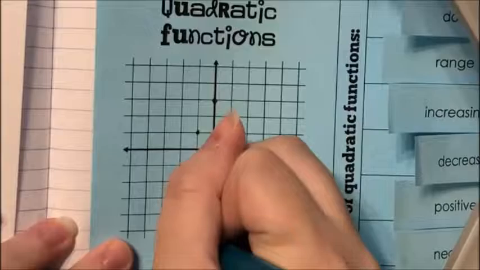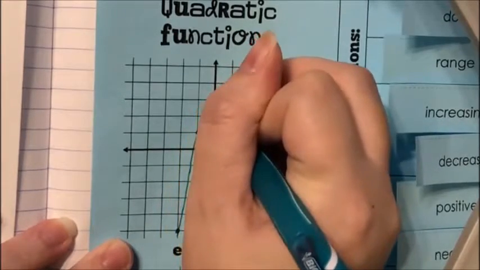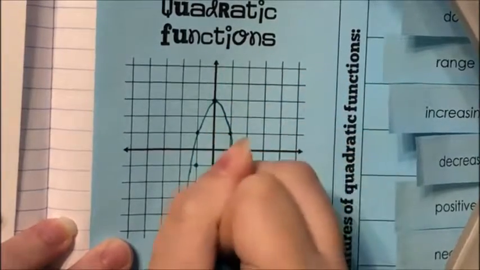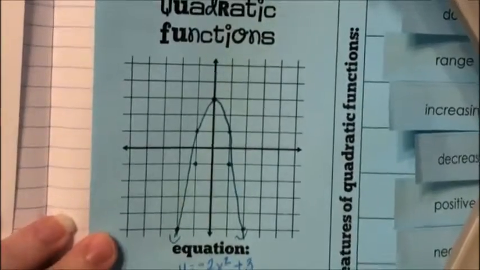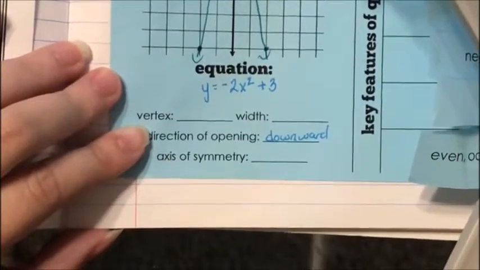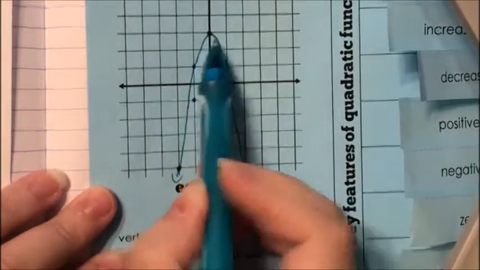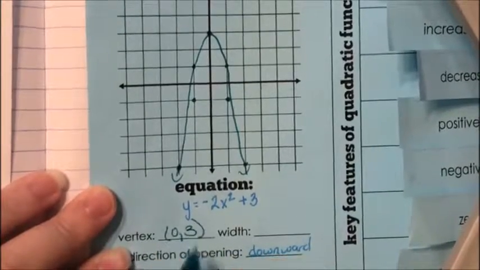So when I graph this, I go up, just like that. Okay, I've got my graph now. My vertex is where the top of the graph is. If I look at my graph, my vertex is right there. So the point of my vertex is (0, 3).